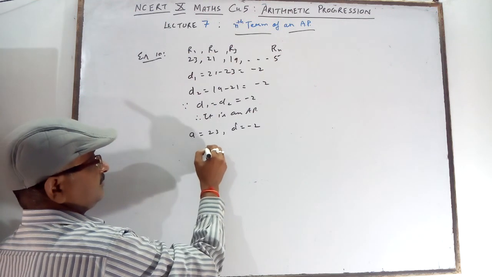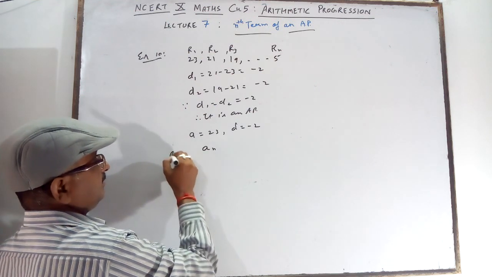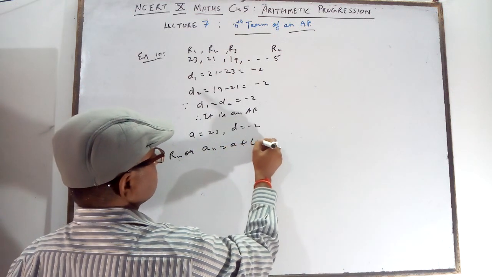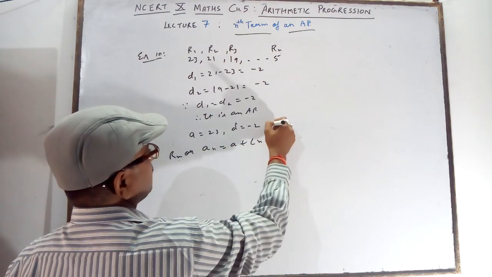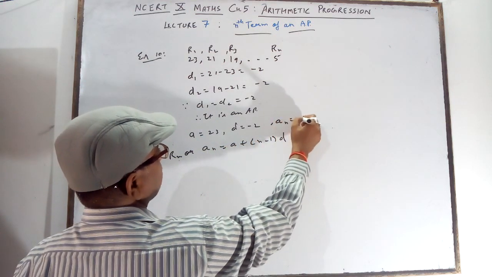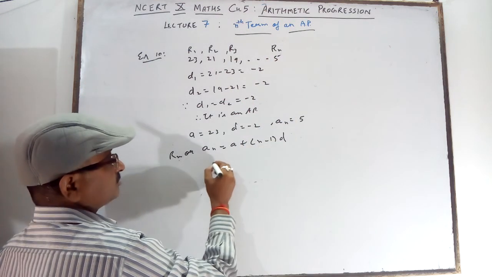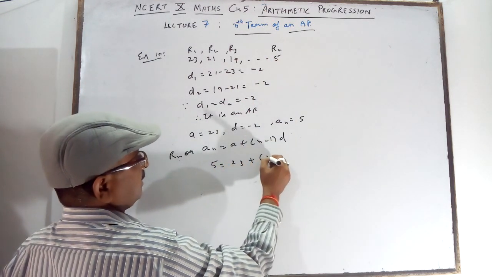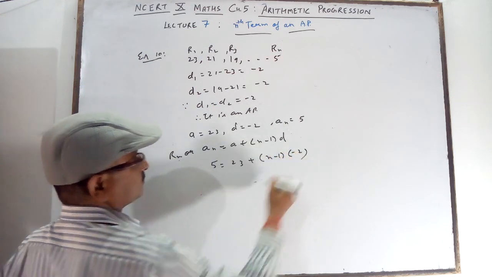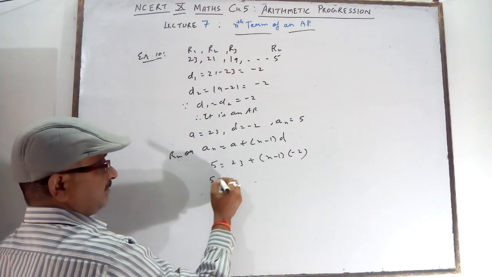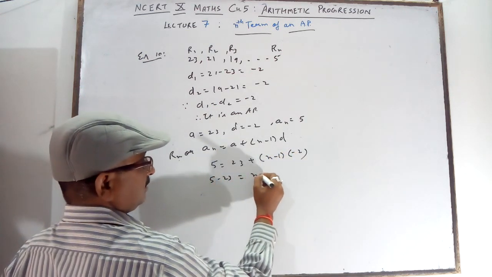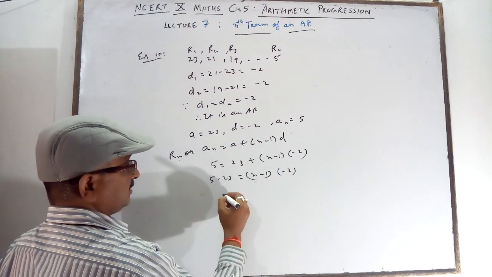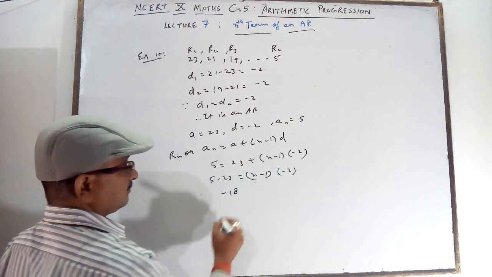Now Rn is given, means An is given. Rn is called An. An is equal to A plus n minus 1 into D. What is An given? 5. So put the value: 5 is equal to 23 plus n minus 1 into minus 2. 5 minus 23 is equal to n minus 1 into minus 2. 5 minus 23 is minus 18.